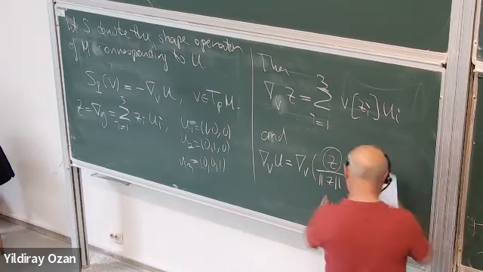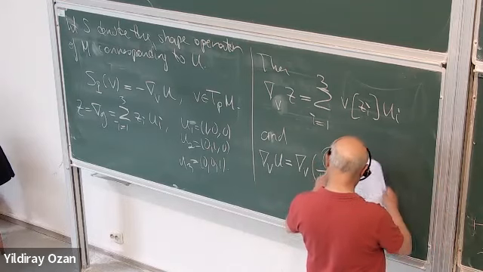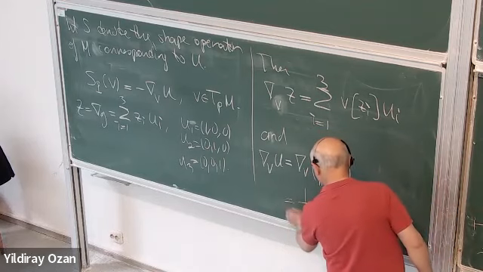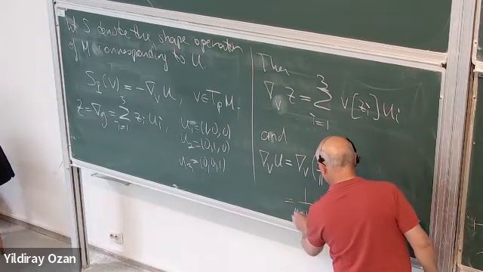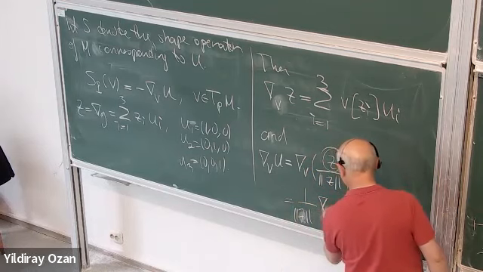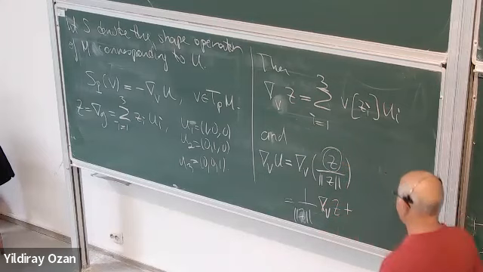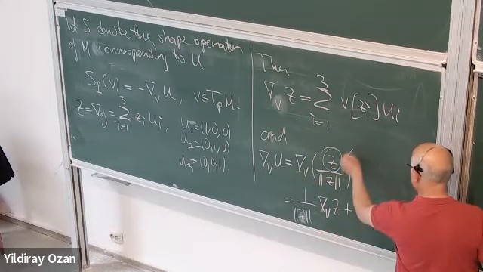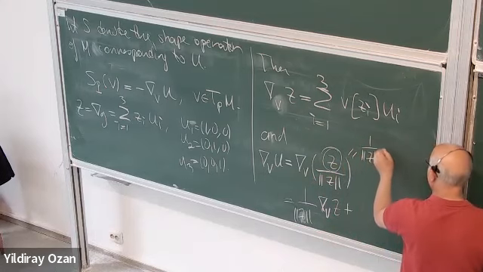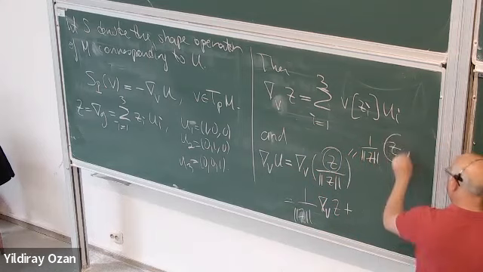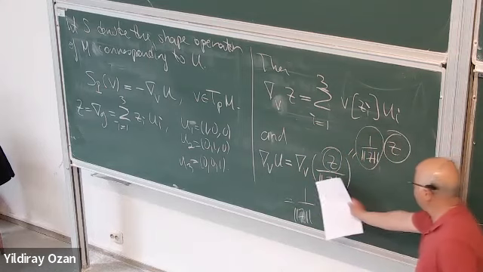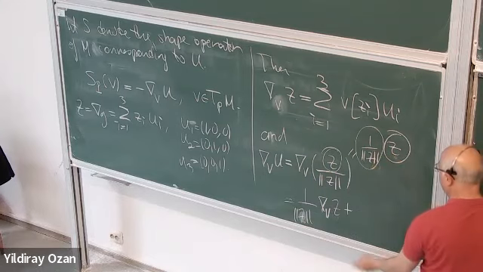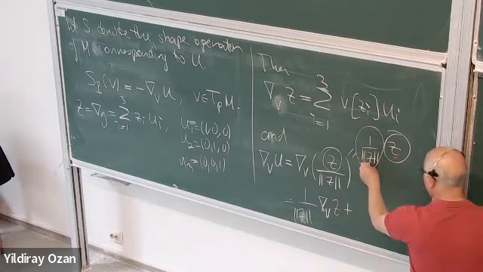I first take the derivative of this function and multiply with this vector field, and then plus the derivative of this expression.